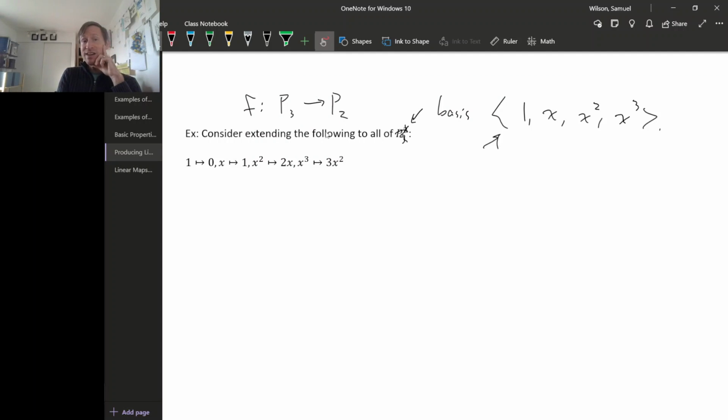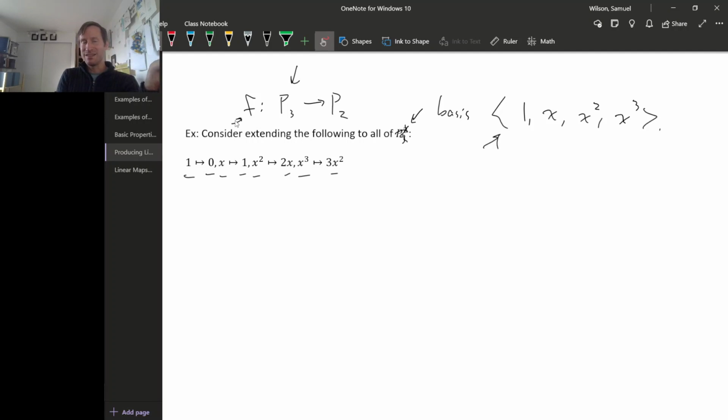Okay, so to define this on all of P3, we only have to say what it does to a basis of P3. And here I am saying what it does to a basis. It sends the polynomial 1 to the polynomial 0, the polynomial x to the polynomial 1, the polynomial x squared to 2x, and the polynomial x cubed to 3x squared. And this extends in a unique way to a linear map on all of P3.